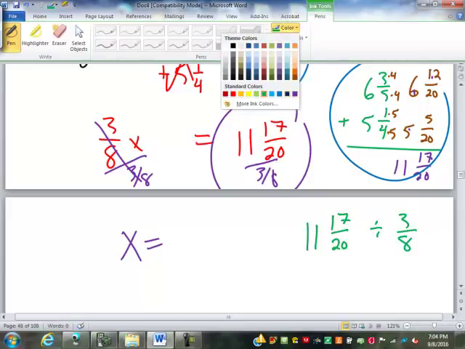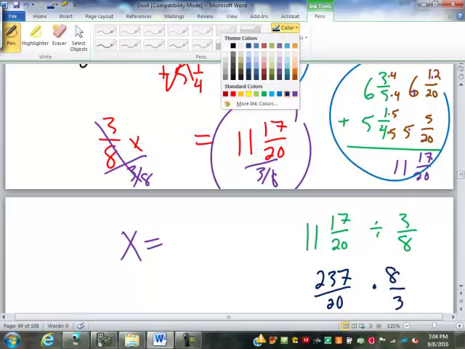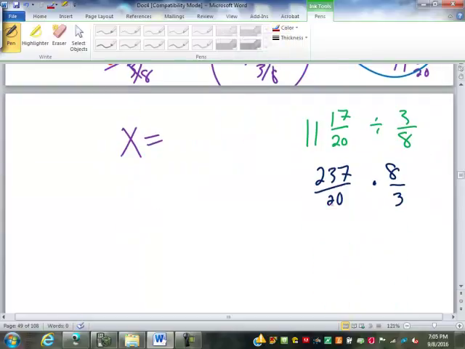Well, we have to change our 11 and 17/20 to an improper fraction. 11 times 20 is 220, plus 17 is 237 over 20. So dividing by 3/8, I'm going to multiply by 8 over 3. 20 and 8 can both be divided by 4, which will give me 2 and 5. 3 and 237 can both be divided by 3.